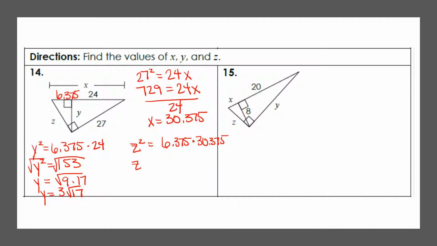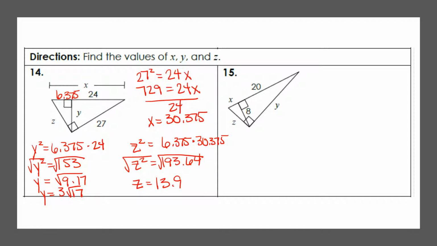So I've got z squared is 193.64. Take the square root of both sides. And I get 13.915, so z is going to be 13.9 whenever I round it to the nearest tenth.